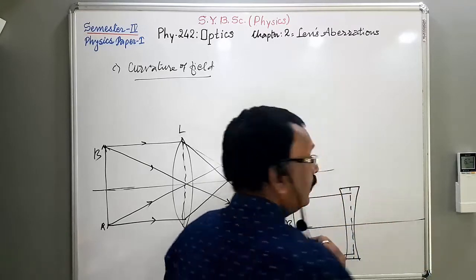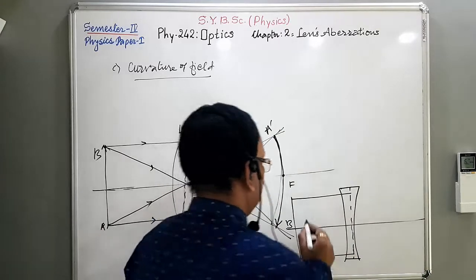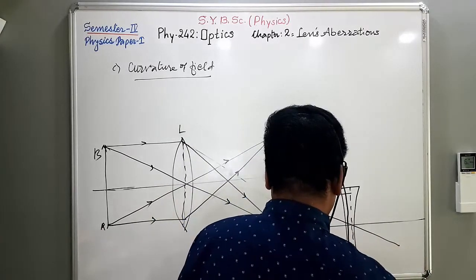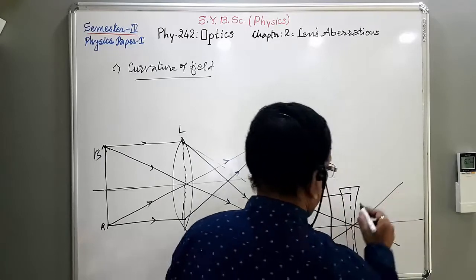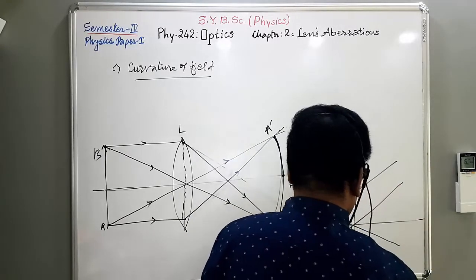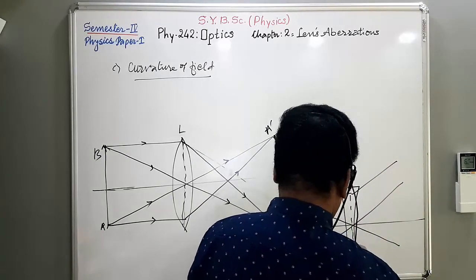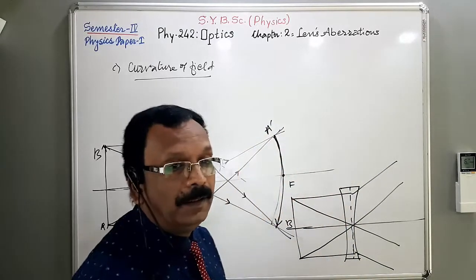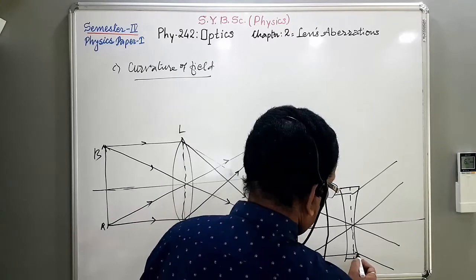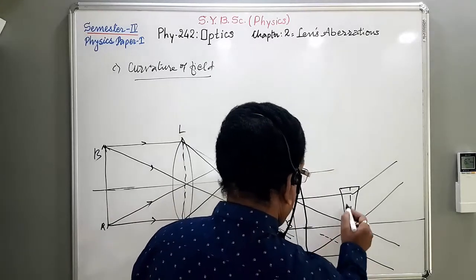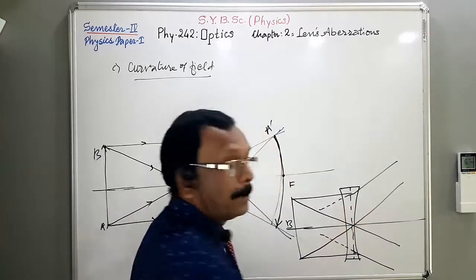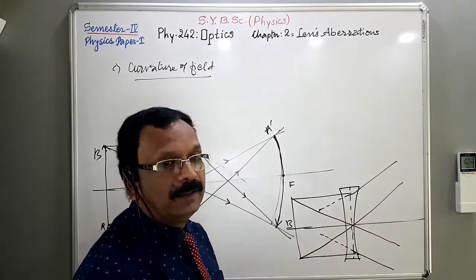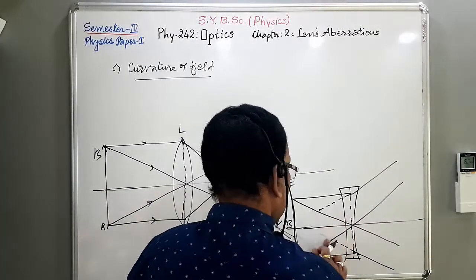When the rays from this extended object come here, we will get the image like this.